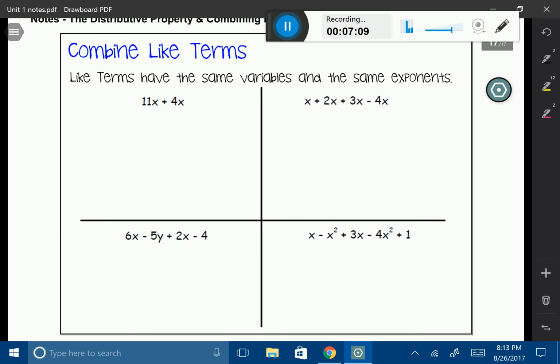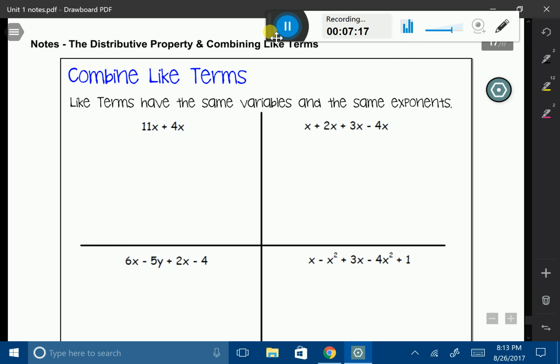Okay, I'm going to teach you another skill, and then we're going to combine the two skills together. This is called combining like terms. Sometimes I like to call it CLT, just to condense it a little bit. So like terms have the same variables and the same exponents. For example, in this first example, 11x plus 4x, notice how I have 11 and 4, and then I have two x's.